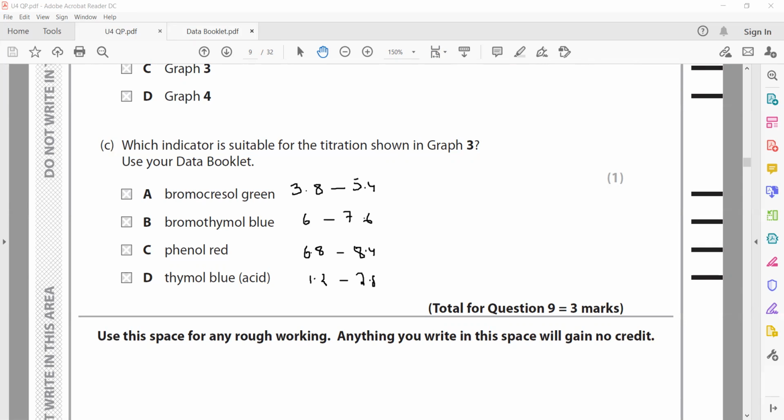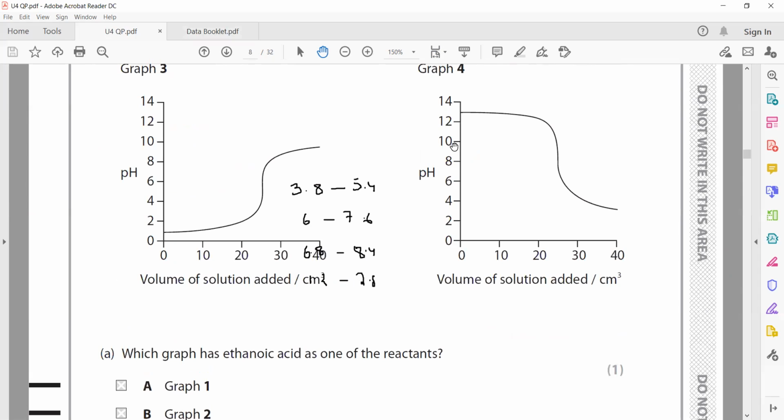Now what we have to do is work out which one is in the vertical portion for graph 3. So we have all these ranges. For this vertical part, which one does it match with? When you check, it matches with A, because 3.8 to 5.4 will lie in the vertical.